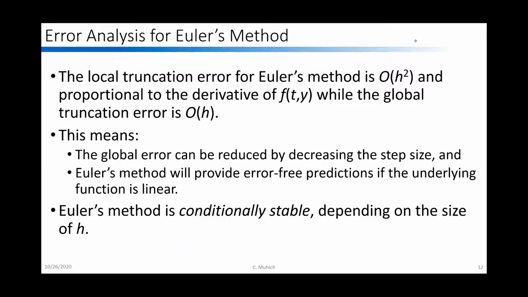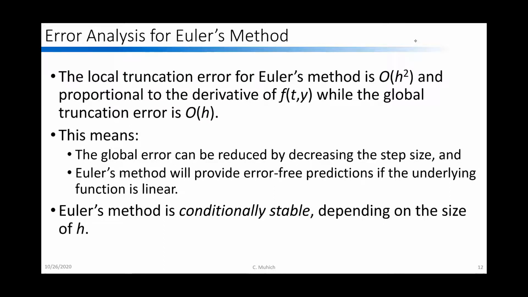So I want to make one last comment on the error, and this is the order of the error that comes with our method. The local truncation error of Euler's method is order h squared, and it's proportional to the derivative of f of y and t. This means that if the derivative is very large, my error is going to be large.